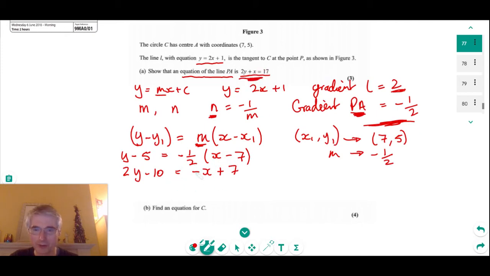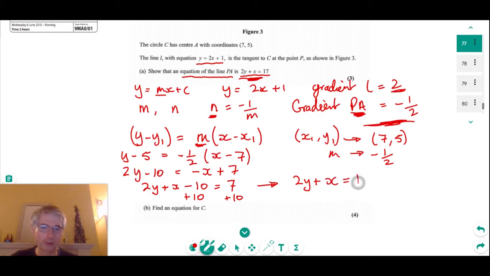I'm just going to add x to both sides: 2y plus x minus 10 equals 7. And then if I add 10 to both sides, that gives me 2y plus x is equal to 17, as required.